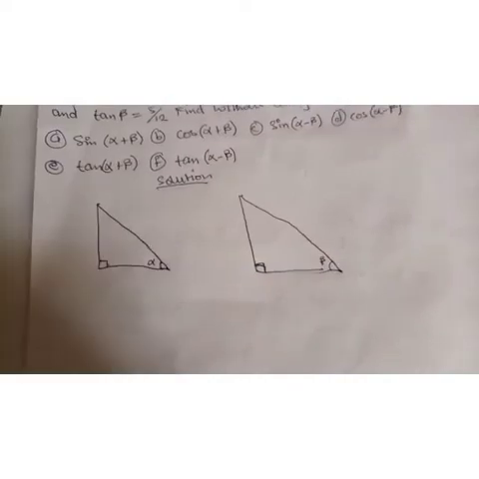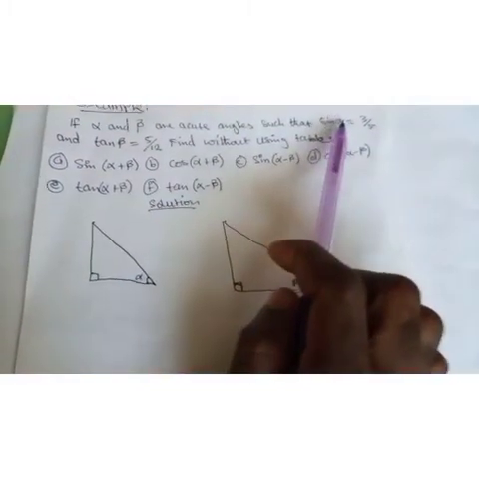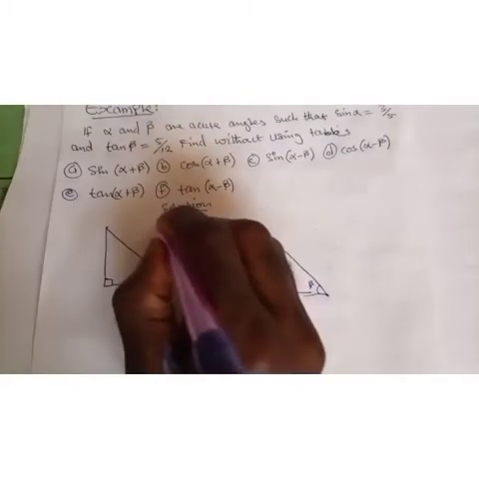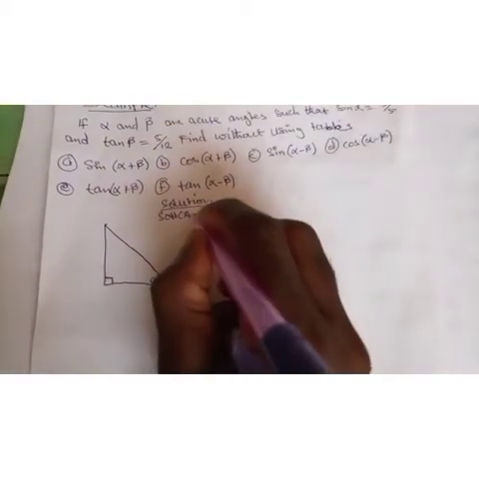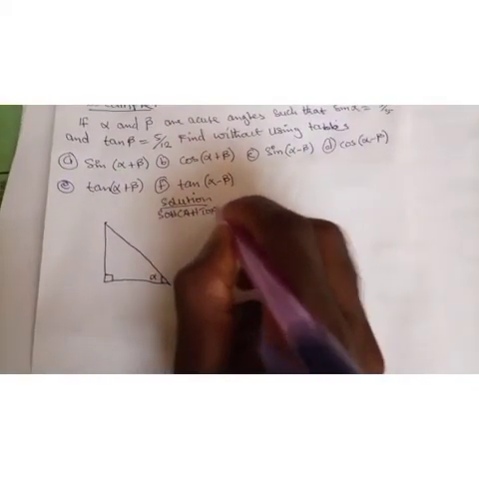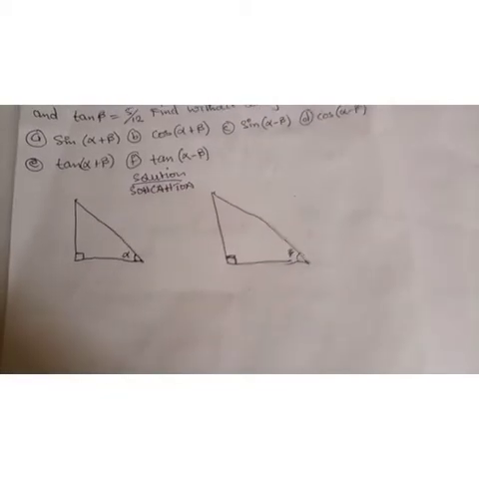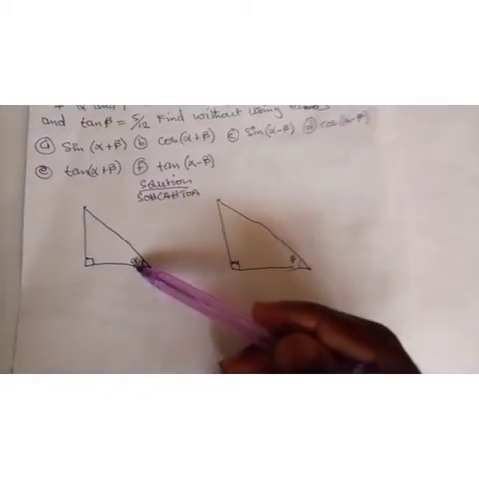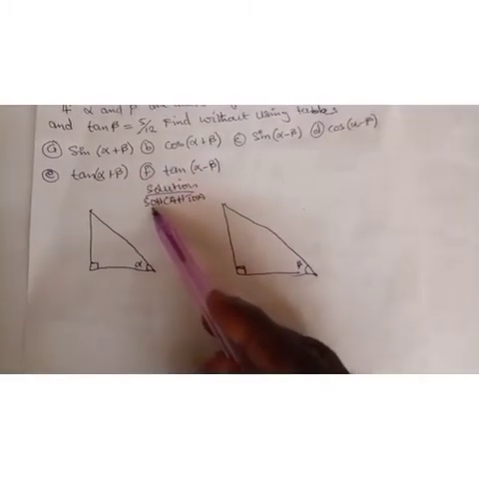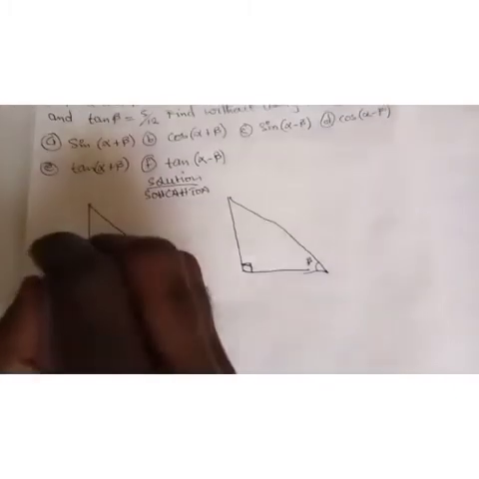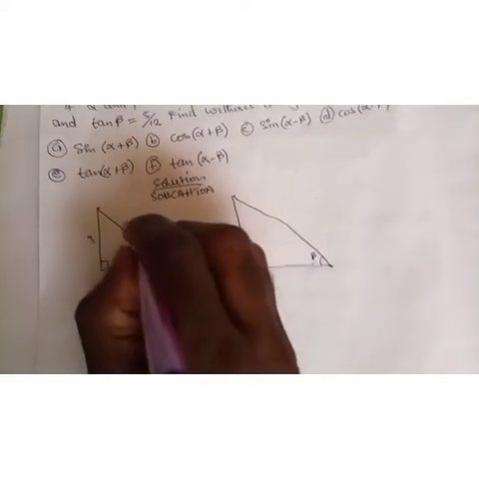I made mention of SOHCAHTOA. In SOHCAHTOA, we have sine alpha is 3 over 5. SOHCAHTOA will be telling us where we are going to label the triangles. So from here we have sine alpha, which is opposite over hypotenuse, and the opposite here will be 3 and the hypotenuse will be 5.